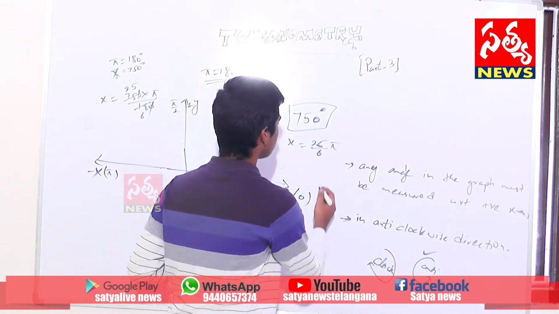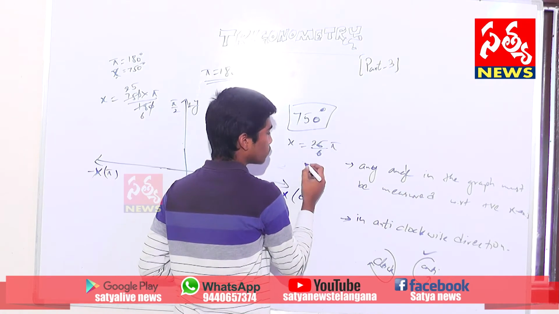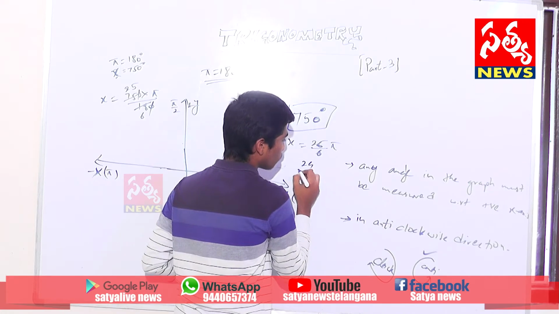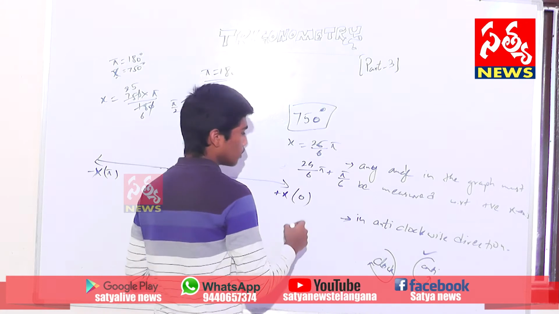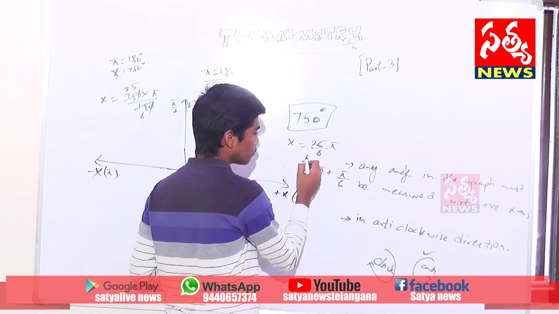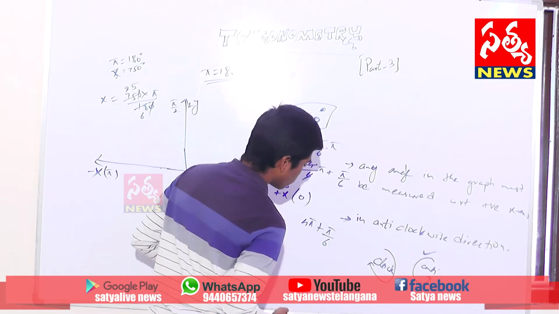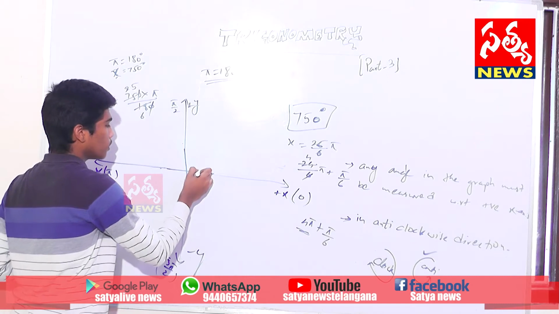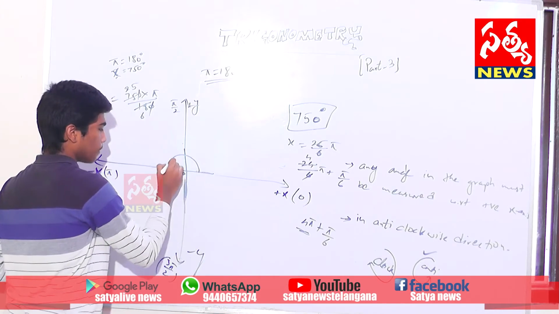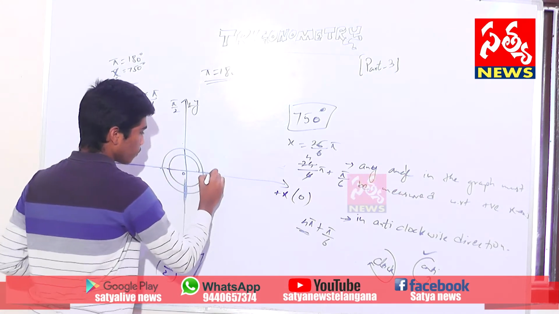This means 25 by 6 can be written as 24 by 6 pi plus pi by 6, since 6 fours are 24. So 4 pi plus pi by 6. Starting from here, 4 pi is 1 pi, 2, 3, 4.